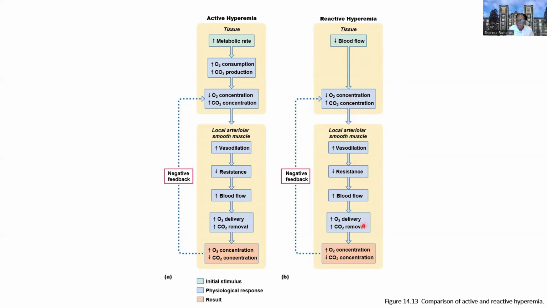We have the same sequence of events, and then that can be shut off whenever the oxygen is increased to the level needed, and the CO2 is decreased to match the level that's being produced. Okay, so same exact mechanisms, same exact responses. The cause is just different, right? One is more metabolic demand, and one is previous interruption in blood flow.